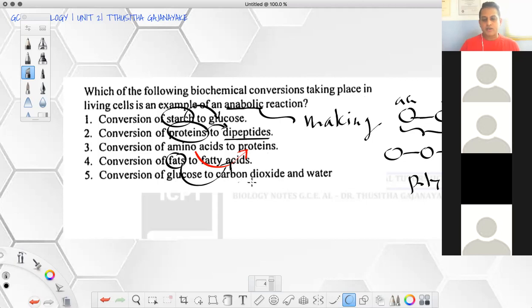Again glucose breaks down to carbon dioxide and water. It's again breaking, catabolic. Right, we have to join again for the next session after a few seconds. Then we continue with the structure of proteins and the levels of proteins.